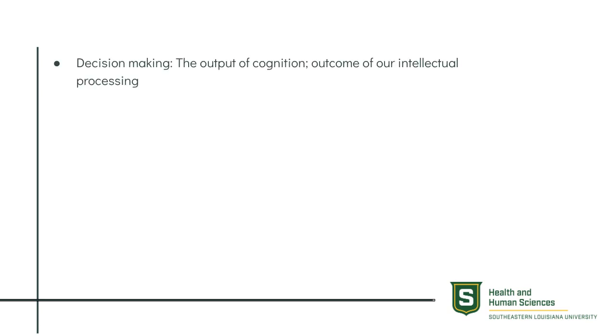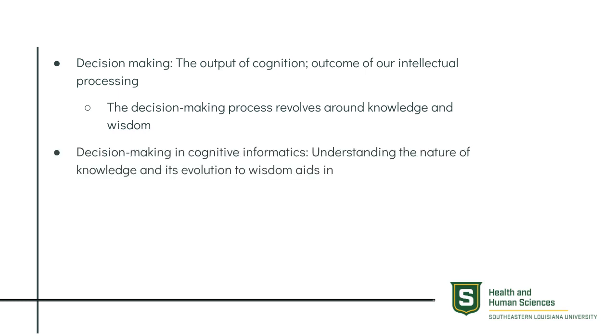Within decision making, remember we're talking about applying knowledge and wisdom in decision making. It's important to understand that decision making is an output of cognition, or an outcome of our intellectual processing. And the whole process revolves around knowledge and wisdom.